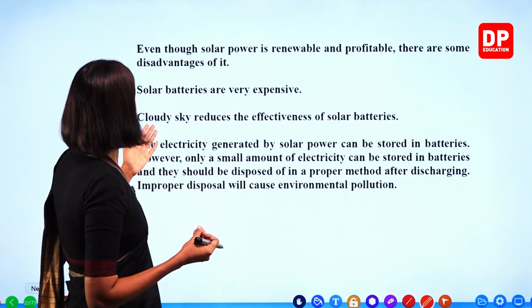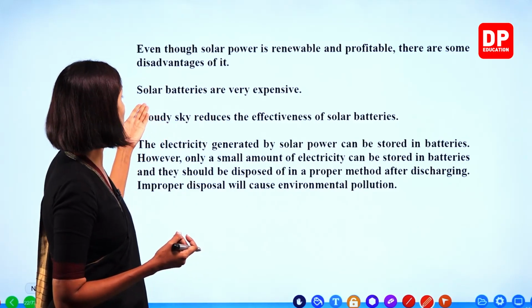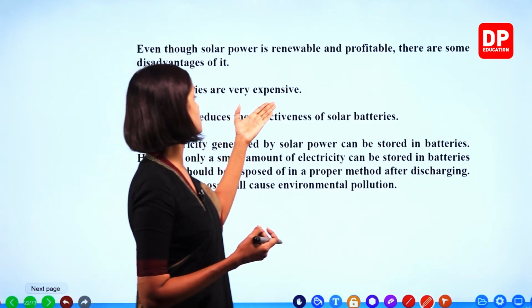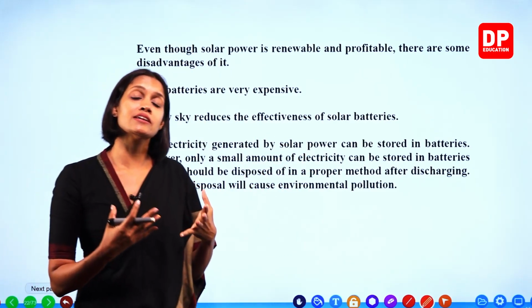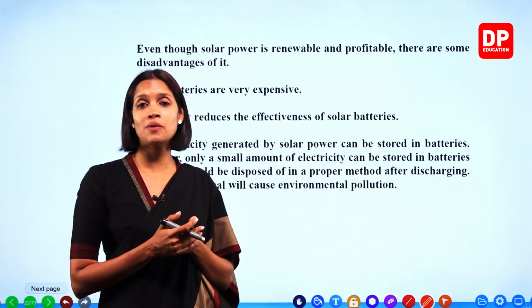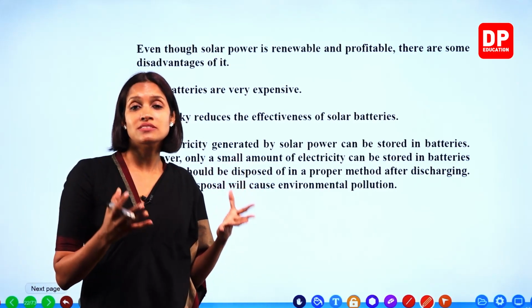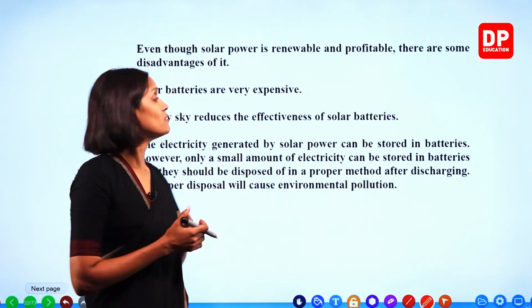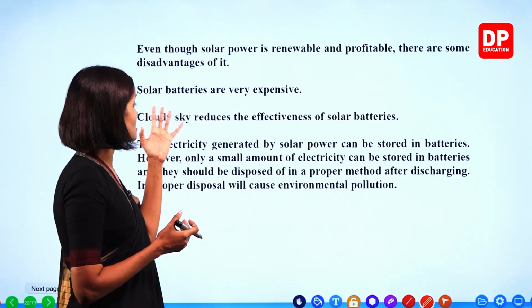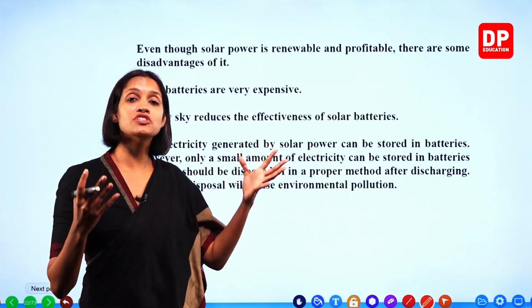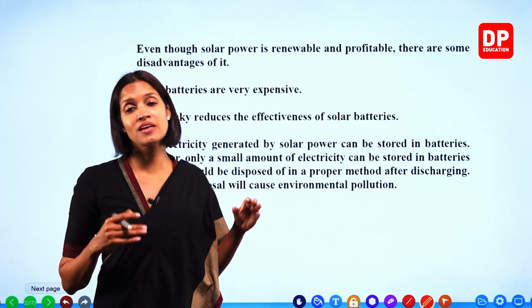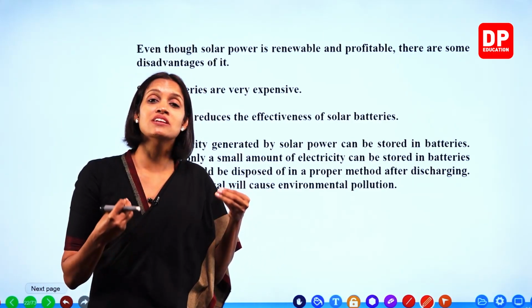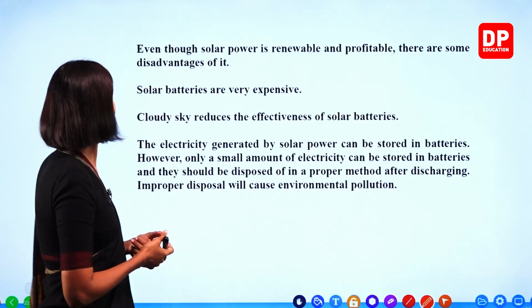Okay? And at the same time, a cloudy sky reduces the effectiveness of solar batteries. In order to generate electricity efficiently using these solar panels, strong sunlight should be there, right? But if the sky is cloudy, sufficient sunlight will not fall onto these solar panels, and thereby the energy generated is also less, okay?